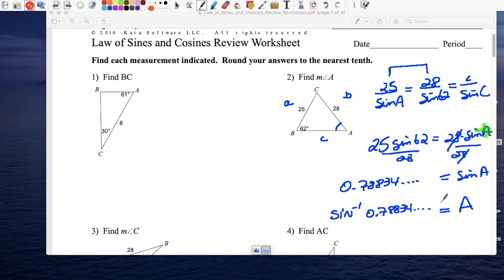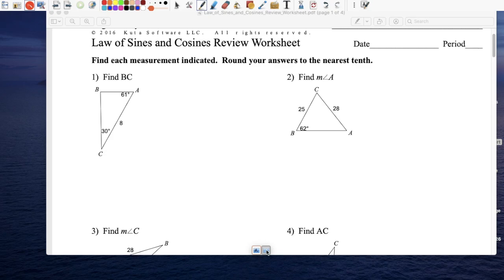So second function, sine, the inverse function, bring it up, enter, enter, and we get that A is approximately 52.03 degrees. Okay. So we did a problem where we had to find the side. We just did a problem where we had to find the angle.